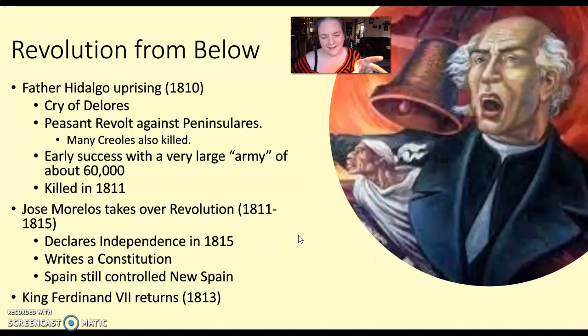So after he dies, Jose Morelos takes over the revolution, and he leads it from 1811 to 1815, declaring Mexico a country in 1815. He writes a constitution, while Spain still controlled New Spain, and King Ferdinand returns in 1813.